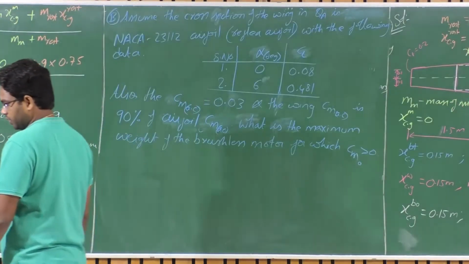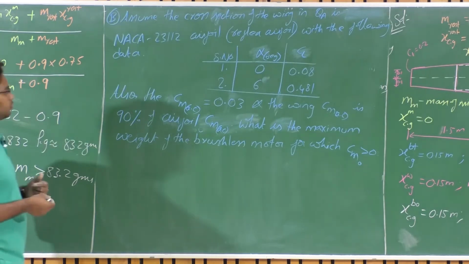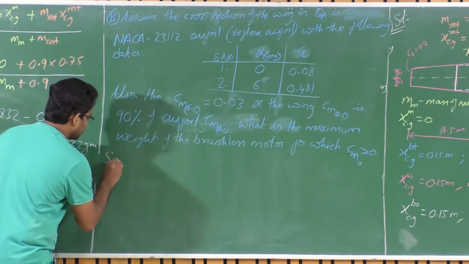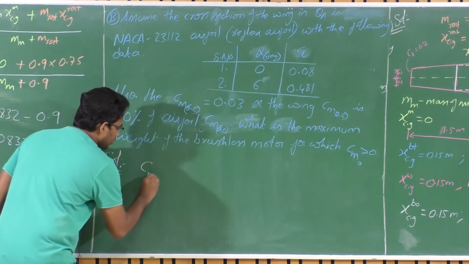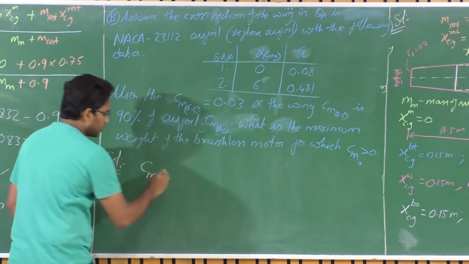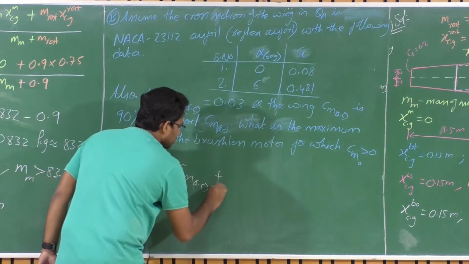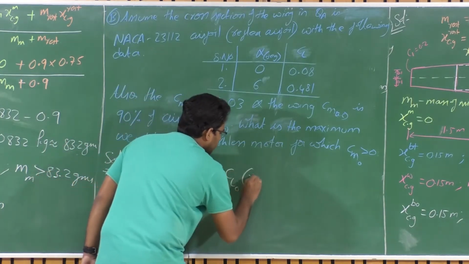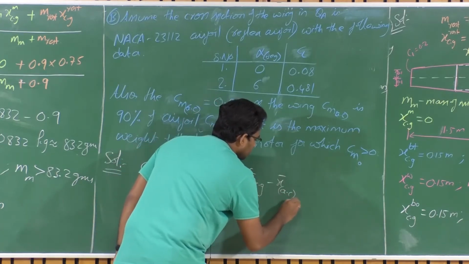Okay, so let's first look at the given data. What do we need to do in the first place? We are asked Cm naught has to be greater than 0. Cm naught of this is equal to CMAC of the wing plus CL naught times x bar CG minus x bar AC of the wing.